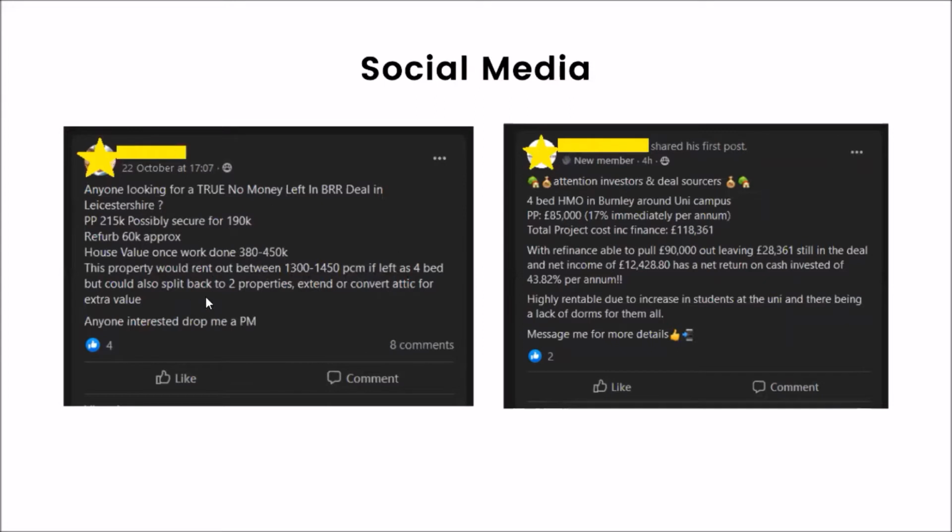Now, this person is obviously trying to generate leads for other property investors who want to buy deals, who want to buy their next property project. He's got 8 comments, so not a lot, but this was posted on a Facebook group for property investors and landlords. So a client, a potential client for you, might hire you in order to manage their social media activities for their business.